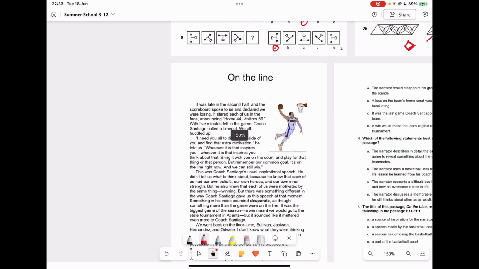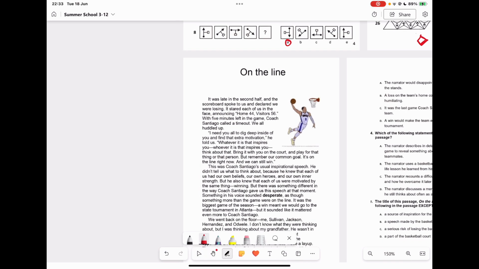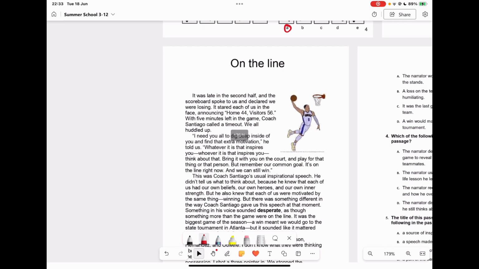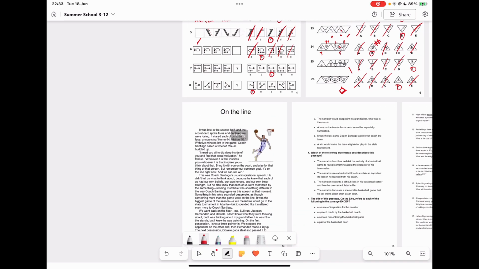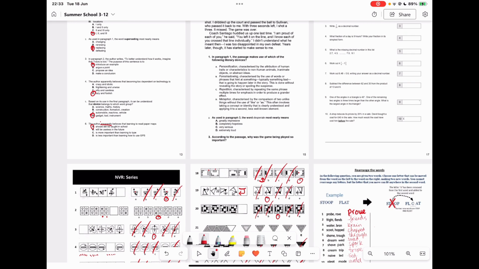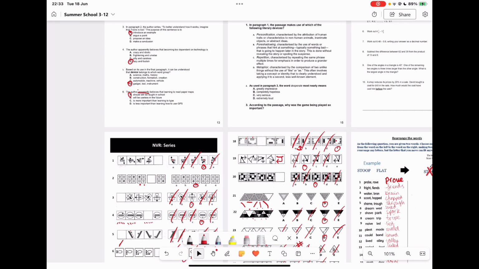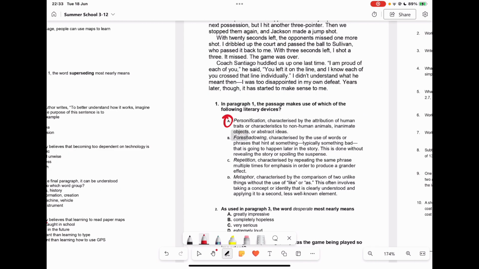So here we can see that in paragraph 1, the answer to this will be, and we declared we were losing. So it says here that the scoreboard spoke to us, so it will be personification.